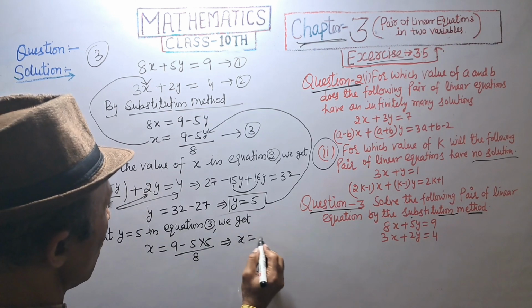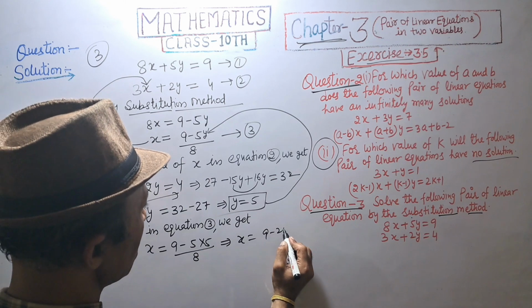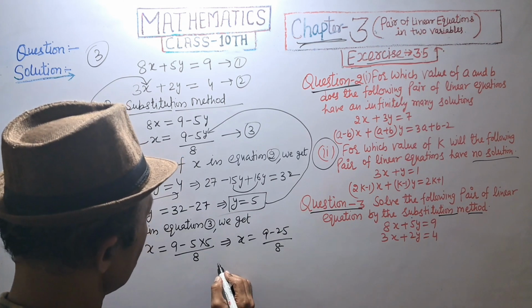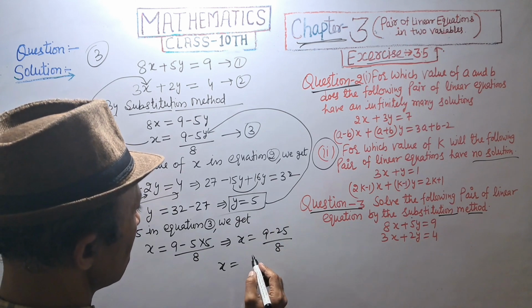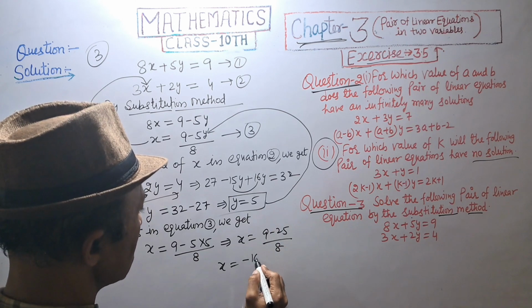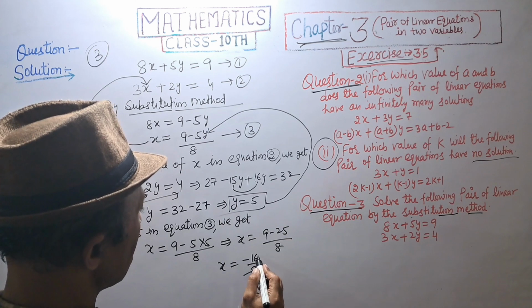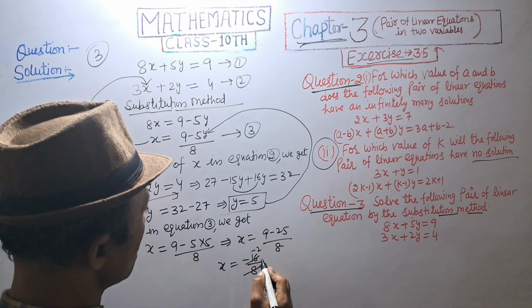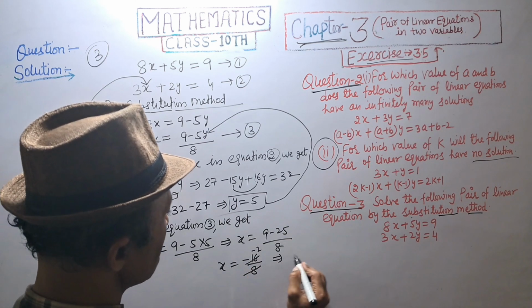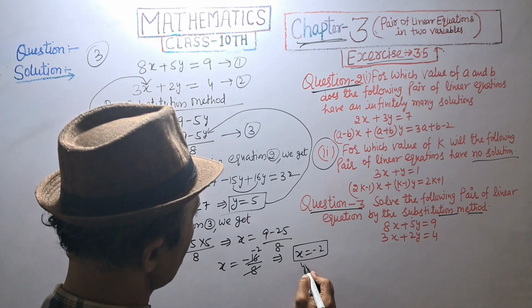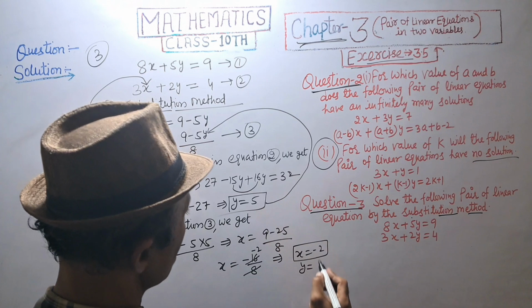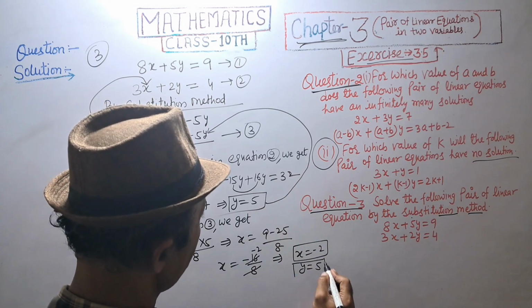This implies x equal to 9 minus 25 divided by 8, that is minus 16 divided by 8, minus 2. This implies x is equal to minus 2 and y is equal to positive 5.